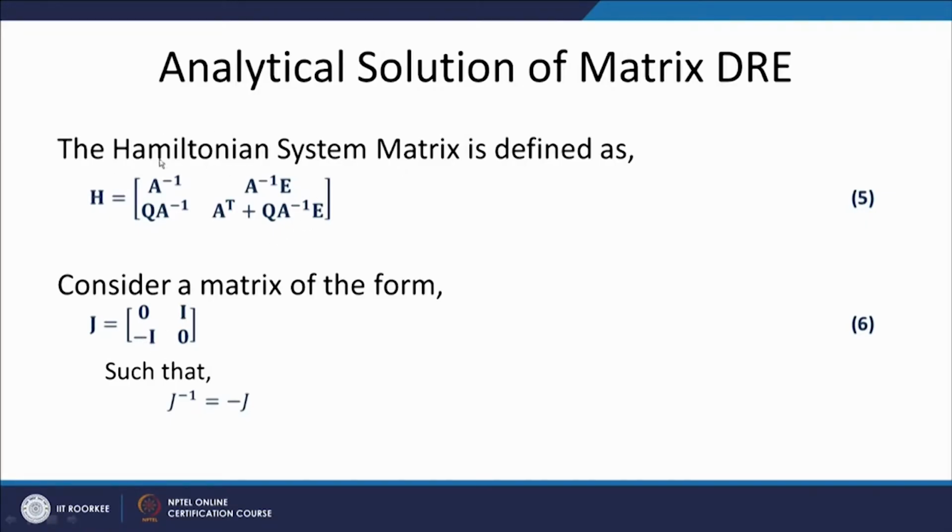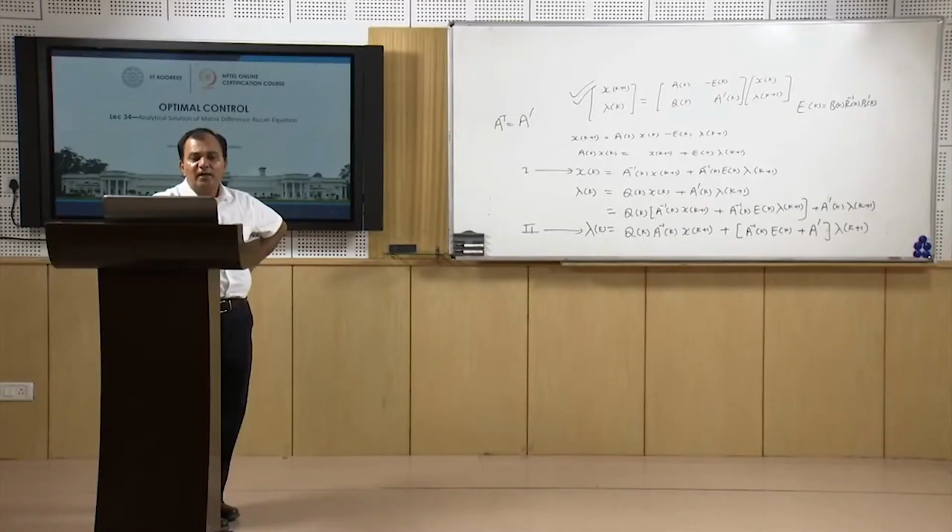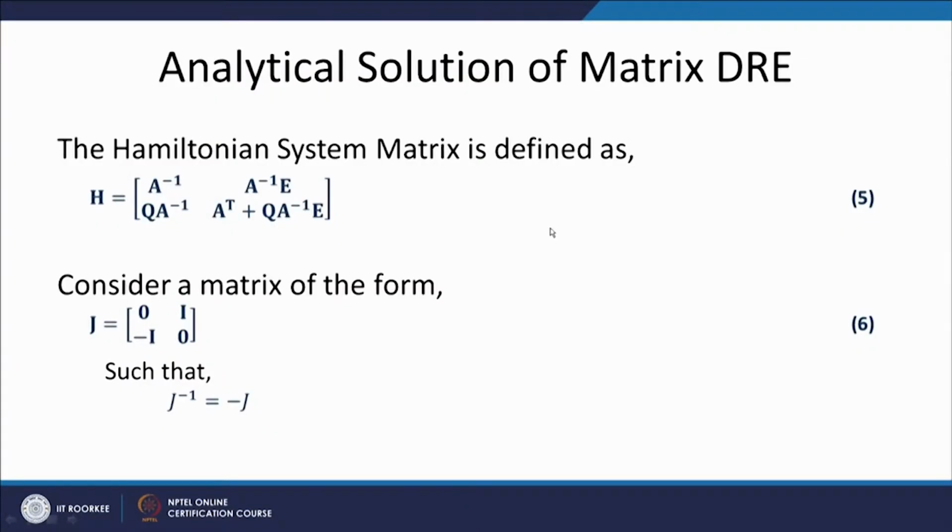The size of my matrix H is 2n by 2n, because it will have the vectors x_k and lambda_k. I have the n cross 1 states as my x and n number of lambda values. So, the total size of the matrix H is 2n by 2n.